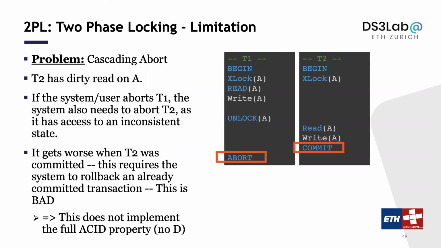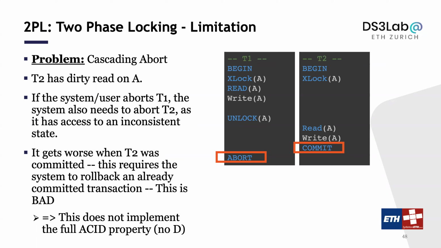But what if T2 commits and then T1 aborts? In this case, it will cause problems, because I need to roll back T2, since T2 is reading something that doesn't really exist in my database. But T2 already committed, so I need to force the abortion of a transaction that's already committed. So I do not have durability anymore.